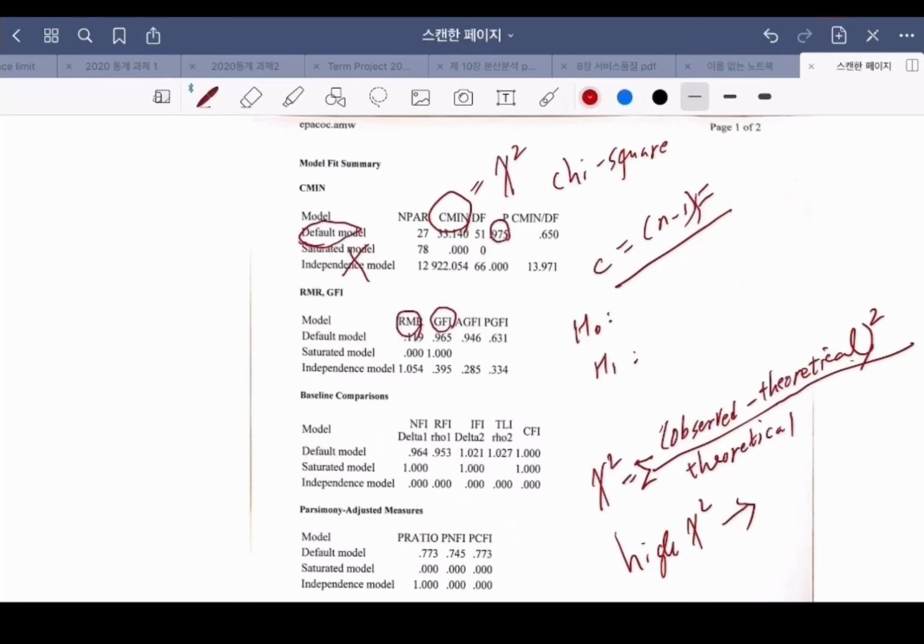That means it's not good, so your model is not good. Let me explain this one again. A big numerator means you see a big difference between observed and theoretical, so your model is not good.